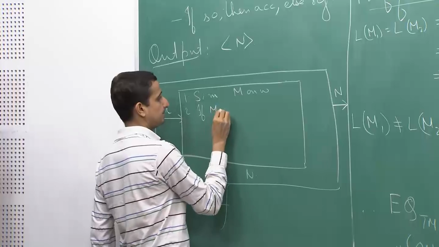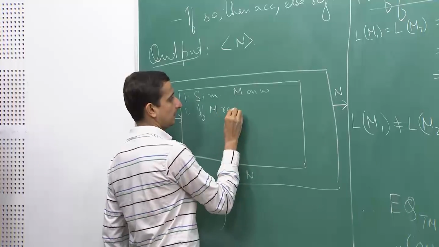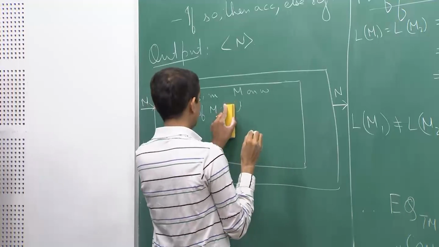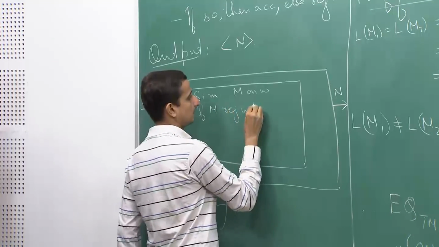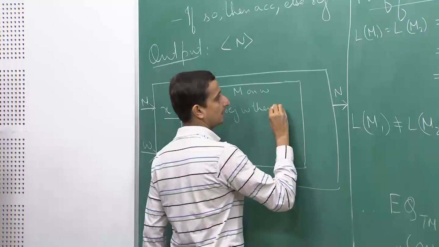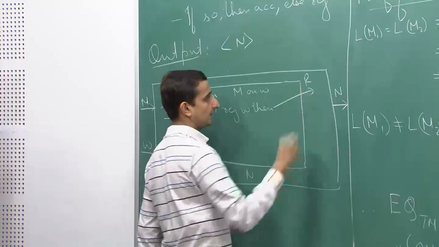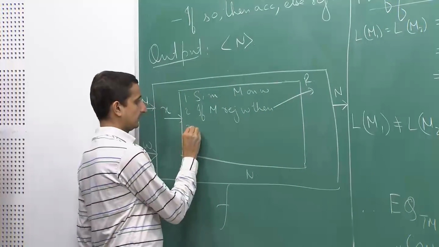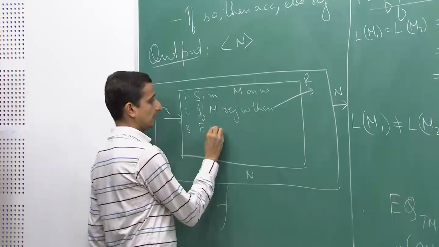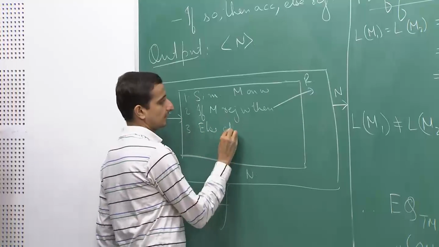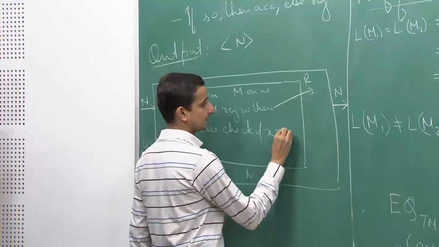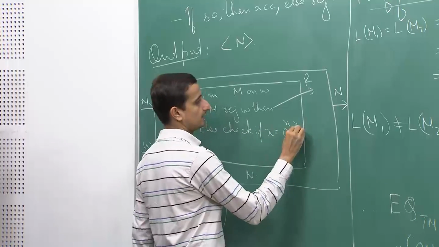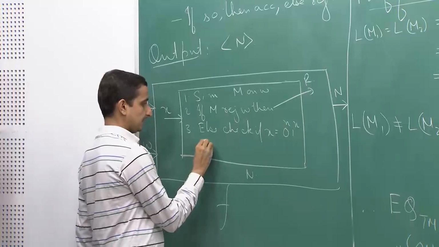If m rejects w, then reject, else check if x is of the form 0 to the power n 1 to the power n.